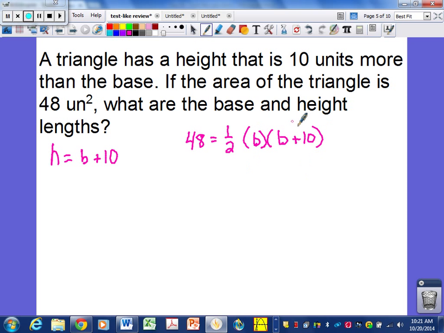Okay, so we substitute height for its related value over here, b plus 10. Okay, so we're going to solve this equation right here. So let's see, times both sides by 2 to get rid of the 1/2. I will distribute my b's on that side. So let's see, 96 equals b squared plus 10b.